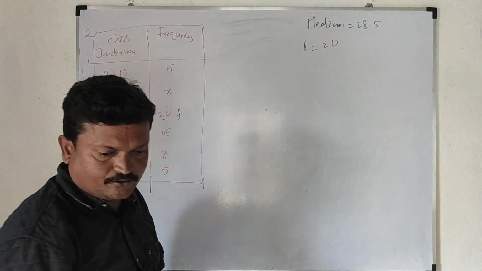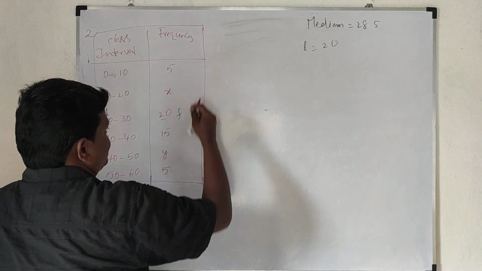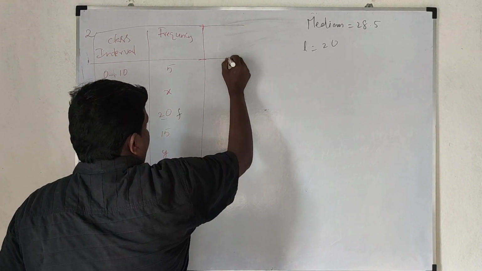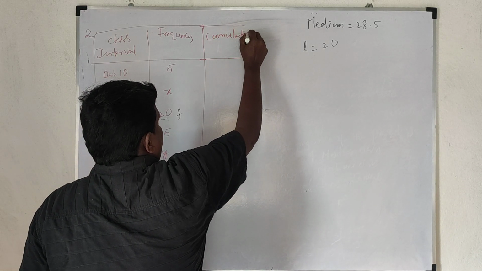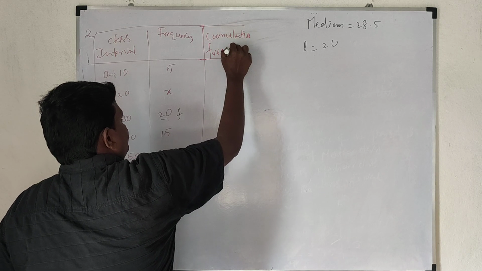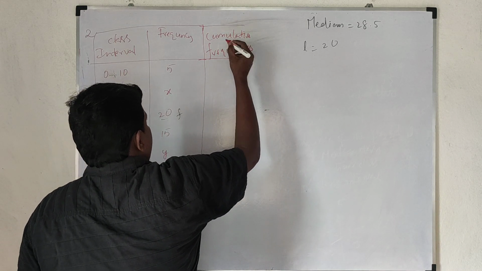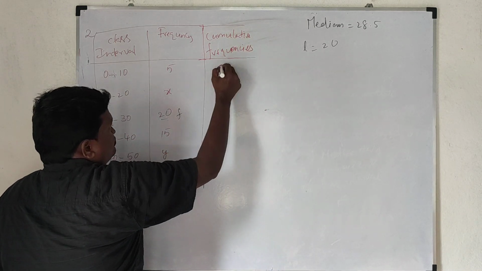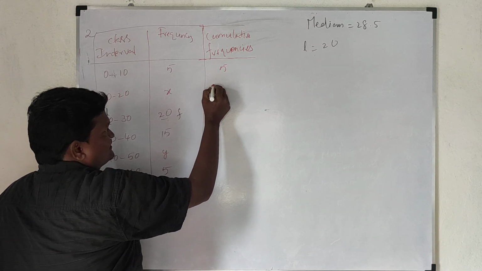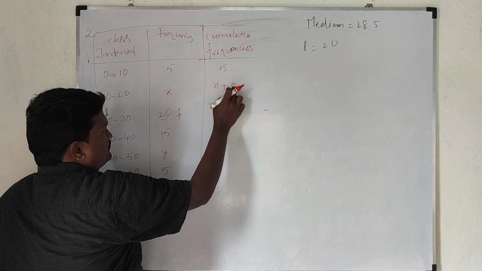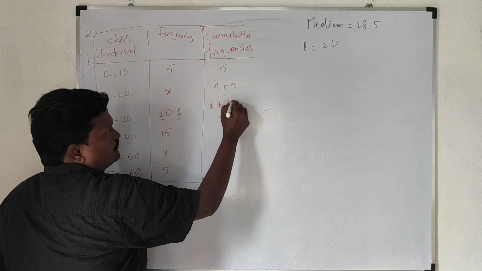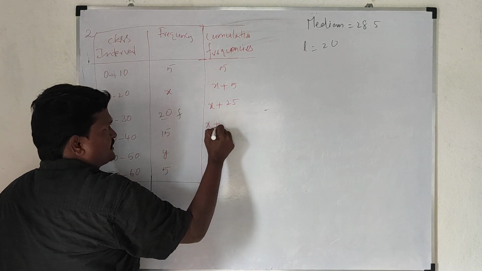Here we need to take the cumulative frequencies, so one more column for the cumulative frequencies. How will we take these? This is 5, then 5 plus x, so x plus 5. Then x plus 5 plus 20 becomes x plus 25.